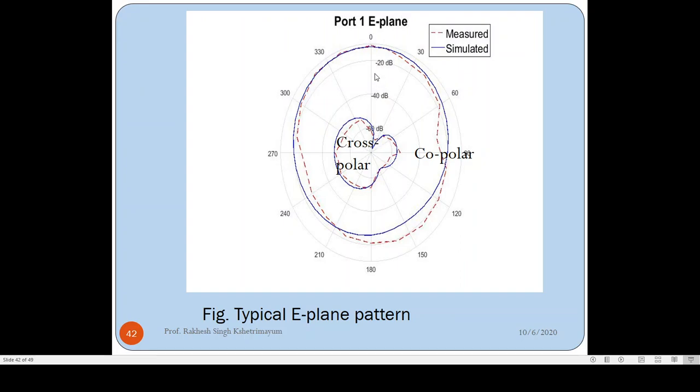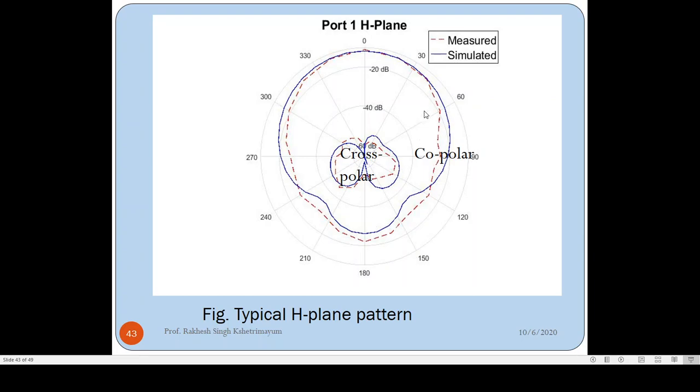We want to send signal in the copolar direction, but whatever signal has gone to the cross polar case is a waste of energy and power. So if you consider this as 0 dB, the cross polar component is around minus 50 dB. So the cross polar component is very low with respect to the copolar component.